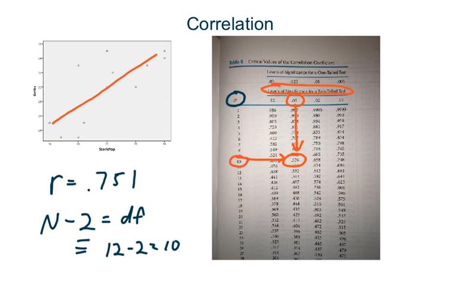Well, 0.751 is in fact greater than 0.576. Therefore, it is significant and we can reject the null hypothesis. There is a real positive correlation between the number of storks in an area and the number of births in that same area.